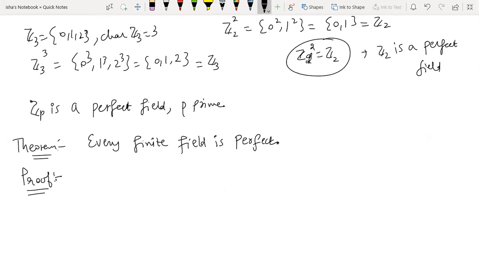Does there exist a finite field with zero characteristic? I'm asking the question. Anybody knows the answer?